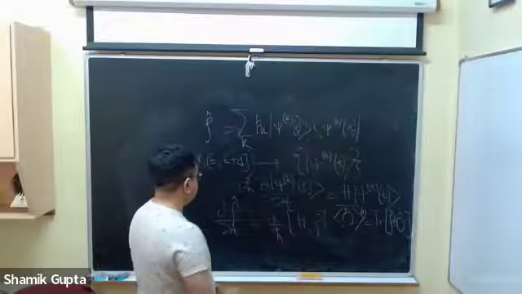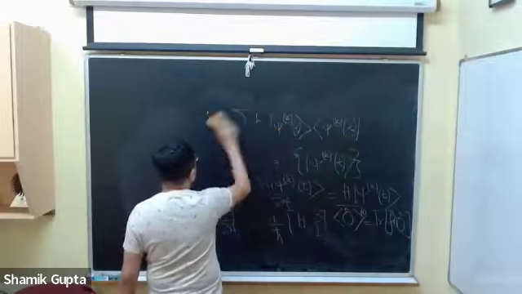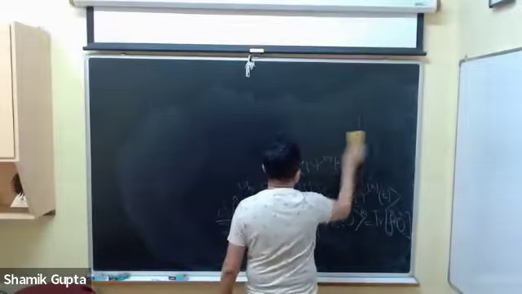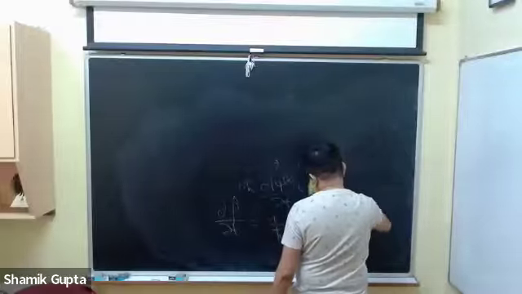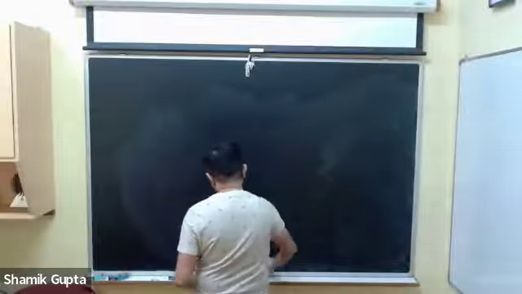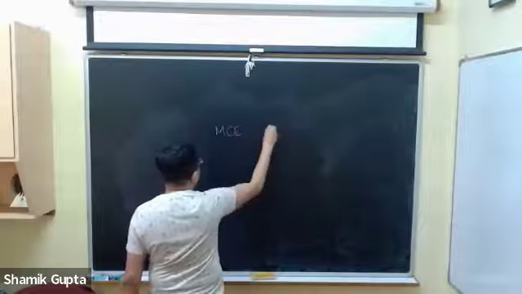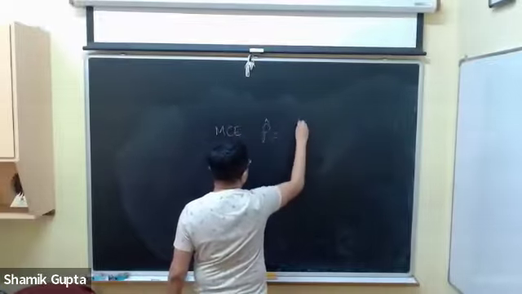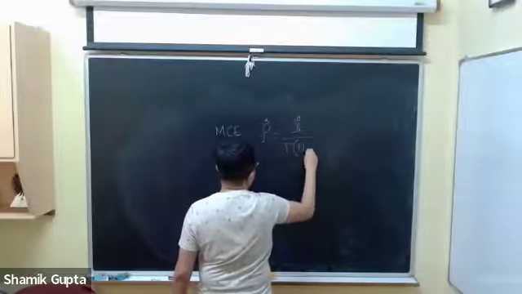So therefore, I again have the three ensembles. Everything is exactly the same. I have the microcanonical ensemble, where the density operator is I divided by gamma NVE.